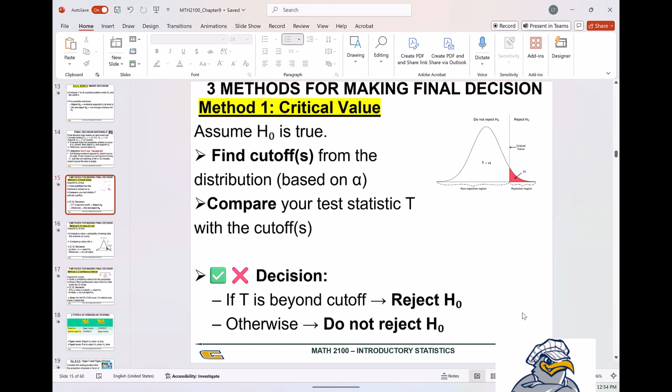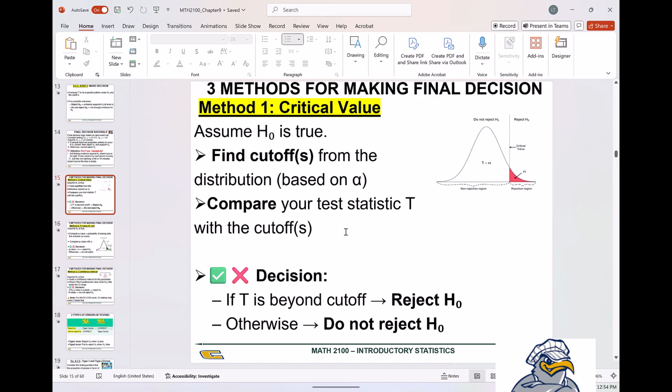This will depend very much on what kind of testing you're working on, whether you test for a mean or for a proportion. After you get the cutoff value, everything bigger than it, you reject. Then you compare your test statistic t with the cutoff value.